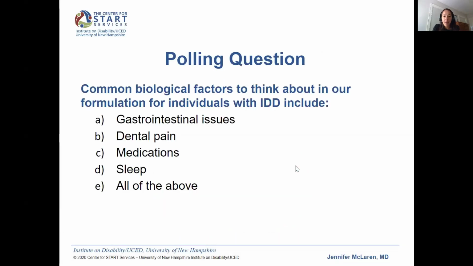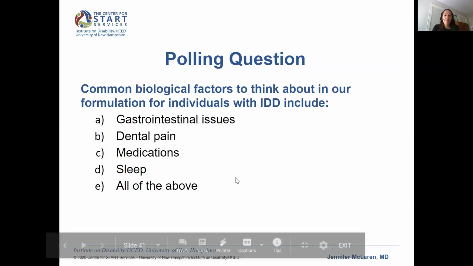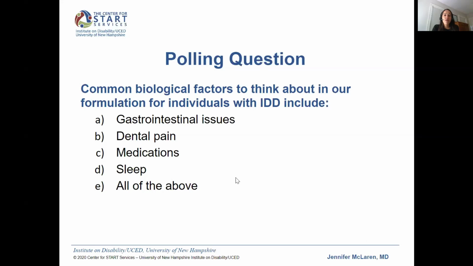And I have a polling question. Common biological factors to think about in our formulation for individuals with IDD include GI issues, dental pain, medications, sleep, or all of the above. Wow, you guys listen.